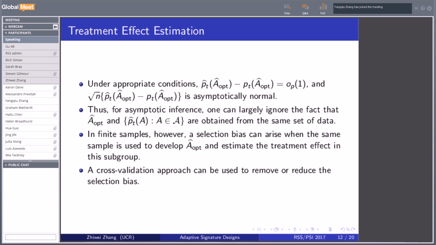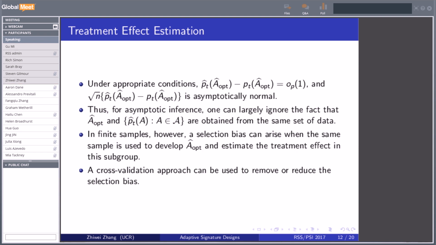So if P hat is consistent and asymptotically normal for each fixed subset, and assuming some uniformity and continuity, we can show that P_T hat remains consistent and asymptotically normal for the chosen subset, which is a random subset.